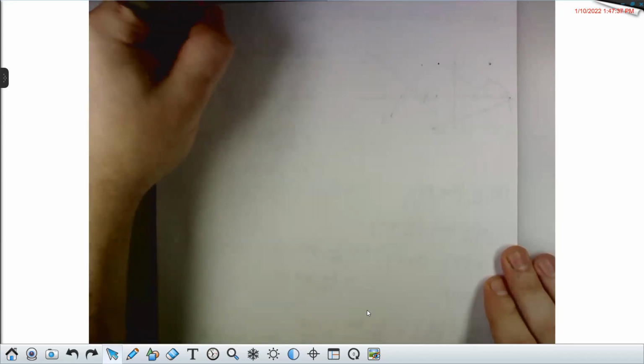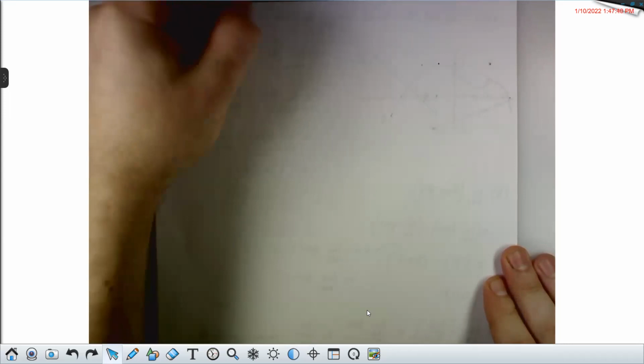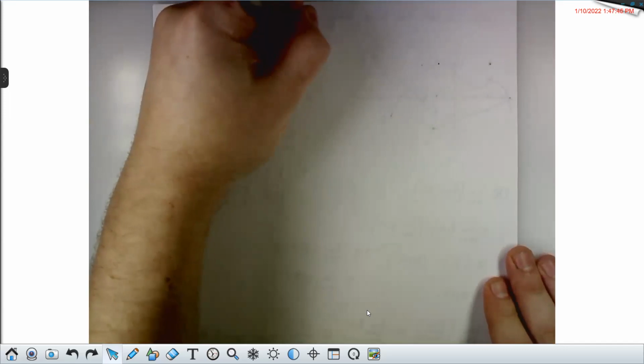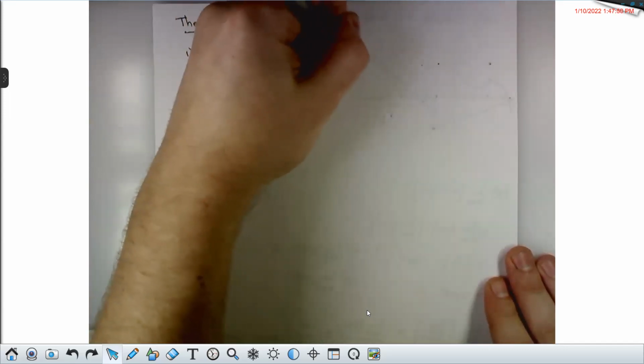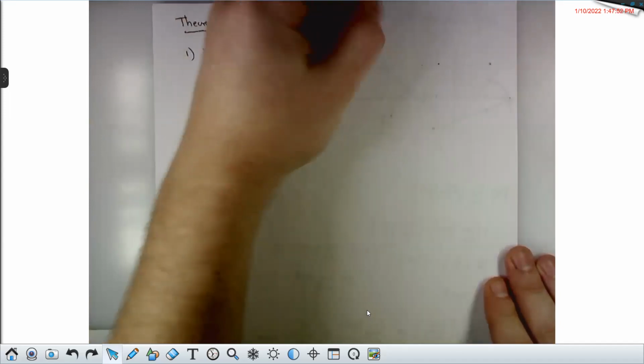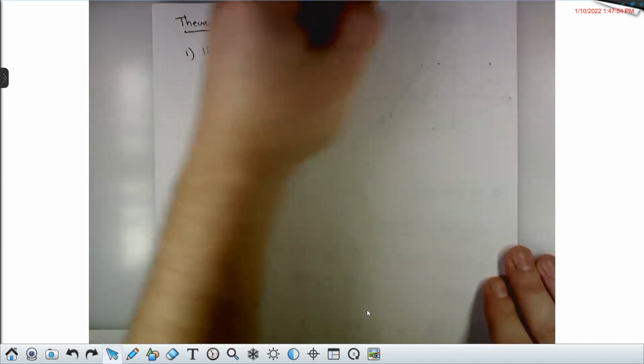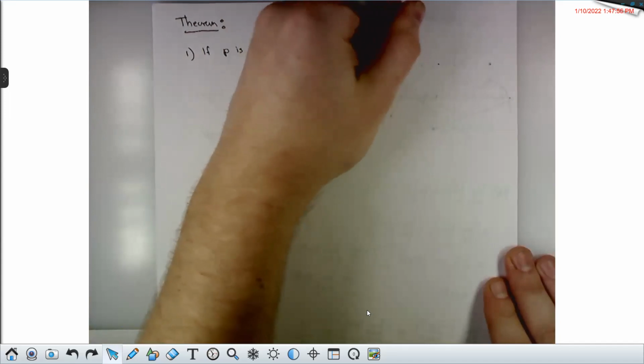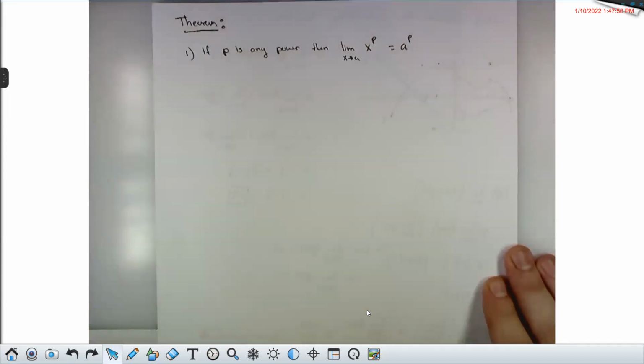If p is any power, then the limit as x approaches a of x to the p is just going to be a to the p. There's one exception to this rule, right?